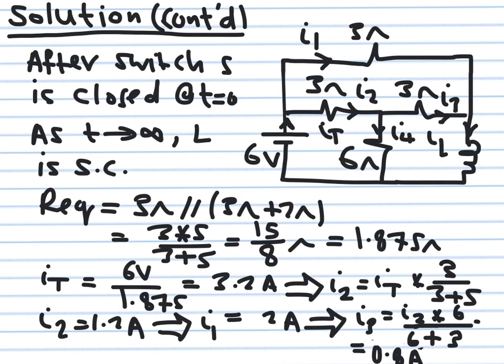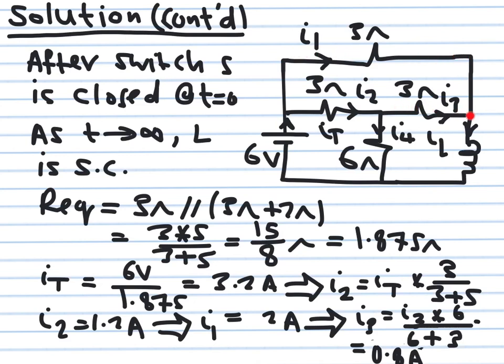So this is what I wrote here: the current I3 is equal to I2 multiplying 6 over 6 plus 3, because the division ratio, if I want to get this current, will be 6 over 6 plus 3, multiplying I2. If you do this one, you get 0.8 ampere. So we know the current here is 0.8 ampere flowing this way. This is I3. And I have I1, which is equal to 2 ampere.